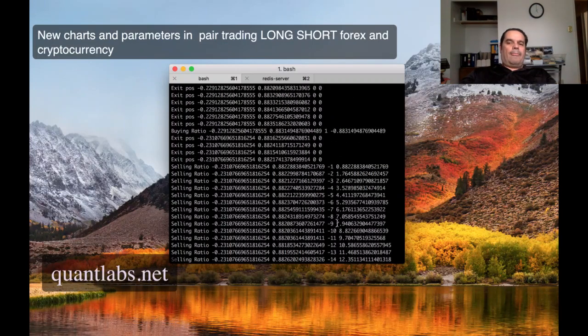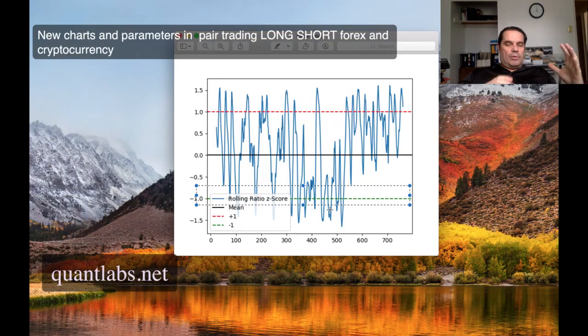Lots of tweaking here, but this is the general logic of how this works and what this chart represents, just so you know.